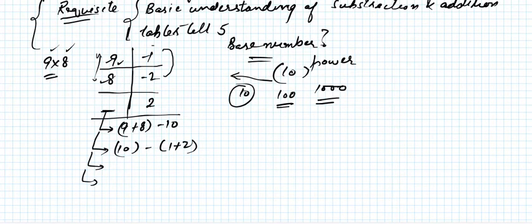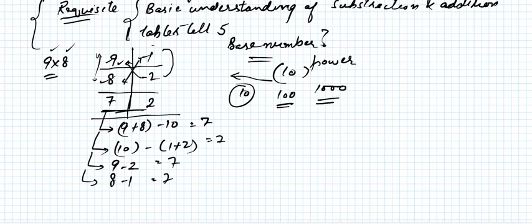Or you can do the cross subtraction, that is, you can subtract 2 from 9 or 1 from 8. And they would all result in the same number 7, as expected. So this 72 is your actual answer of the multiplication 9 cross 8.